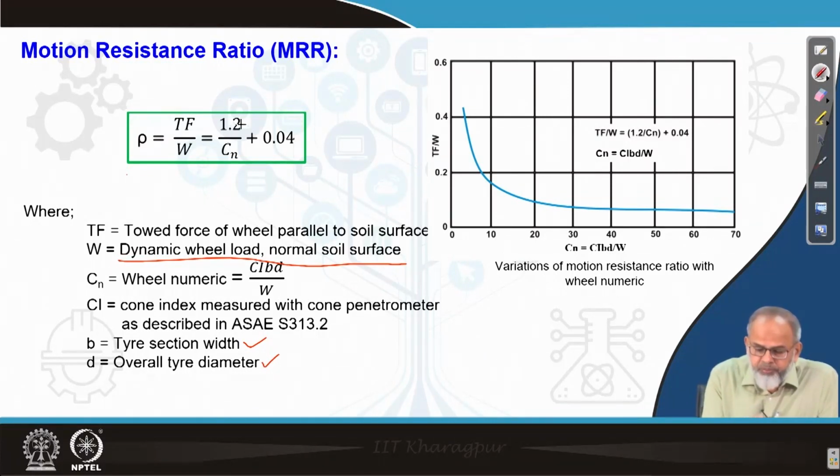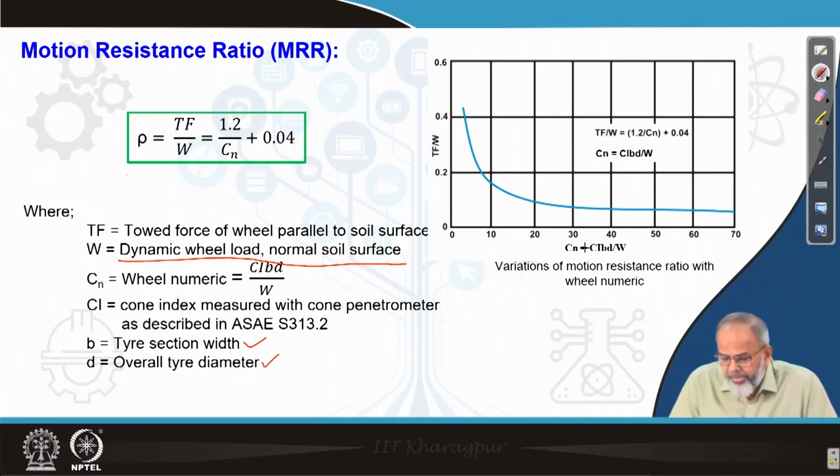When I try to plot it versus different wheel numerics, with the wheel numeric varied from say 5 to 70, the nature of the curve will be like this. Initially it is very high, then it drops very rapidly, then it becomes almost constant after 35.